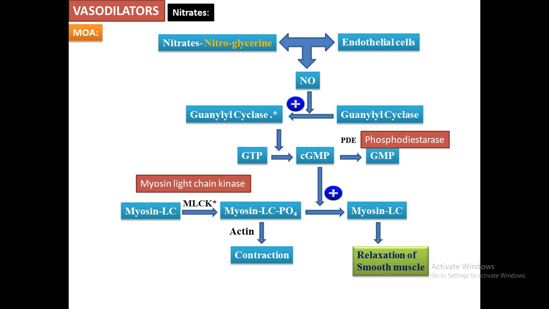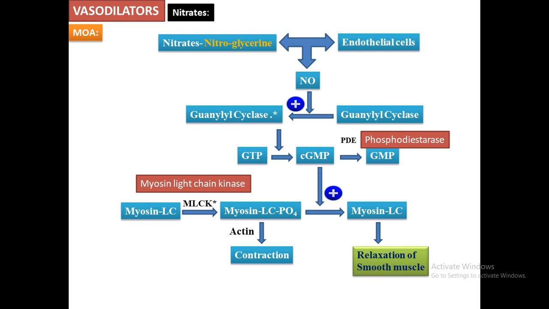The nitric oxide helps the conversion of myosin light chain phosphate to myosin light chain. This myosin light chain is responsible for the relaxation of smooth muscle.